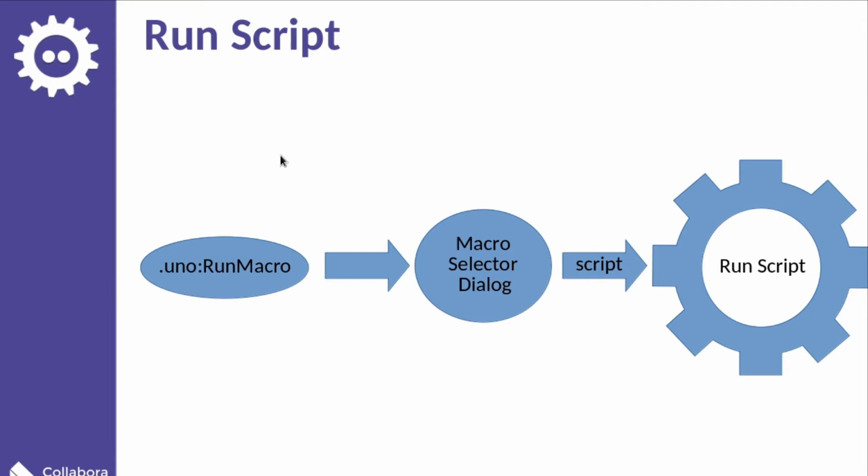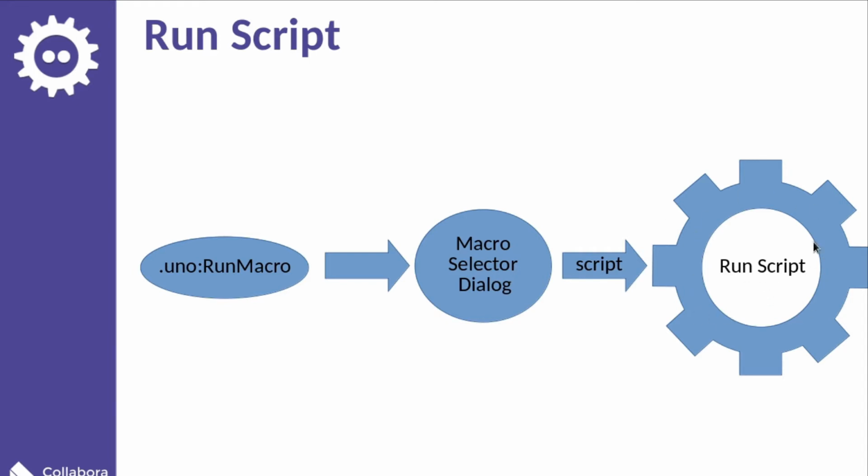If we make an abstraction of the workflow, we can see in that diagram that the command is triggered, then the macro selector dialog is shown, and finally the input parameter, the script, is passed to the main process.